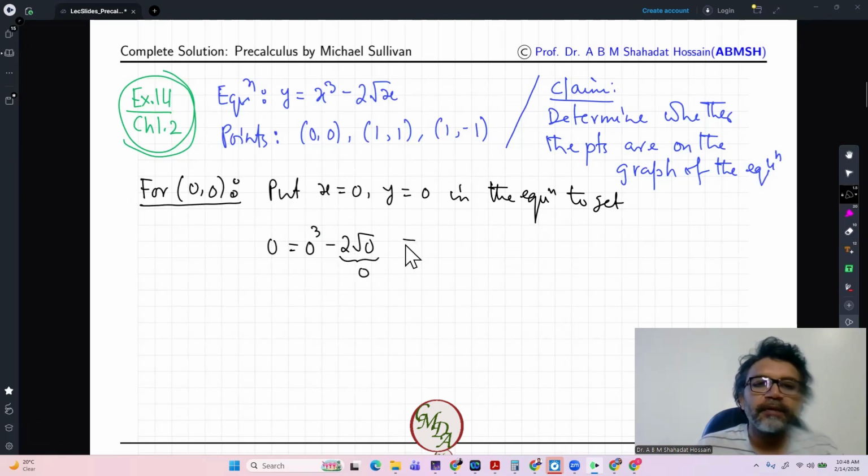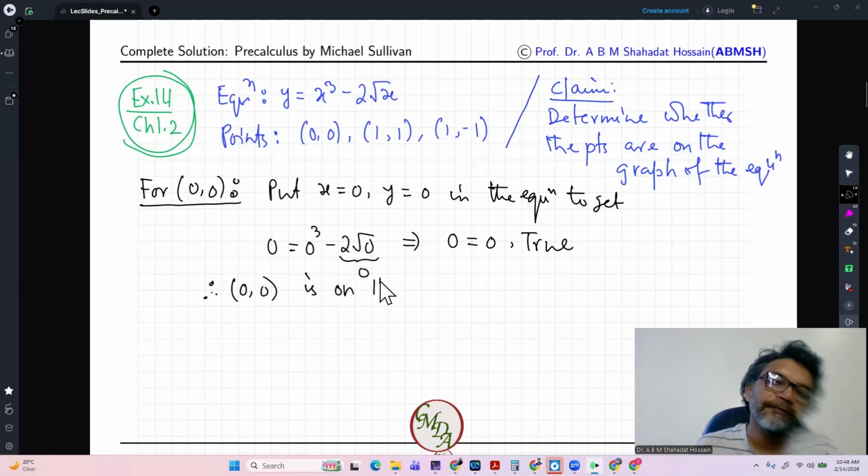So we have 0 equals 0, and this statement is true. Therefore we can say the point (0, 0) is on the graph of the equation.